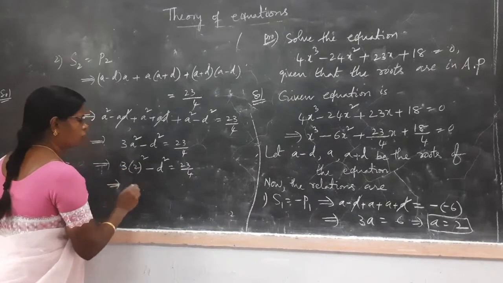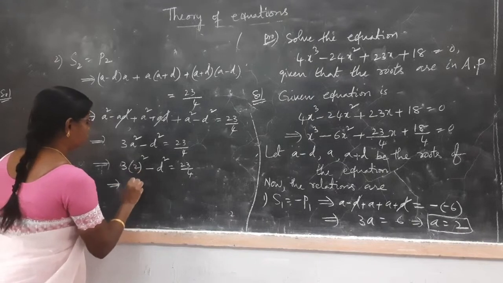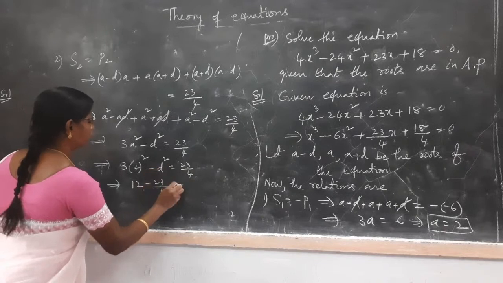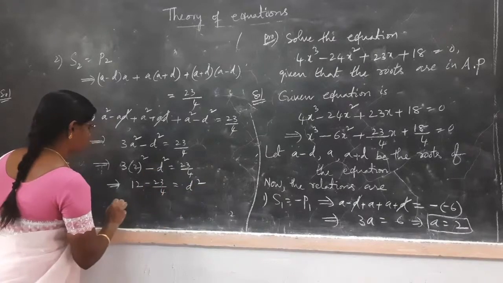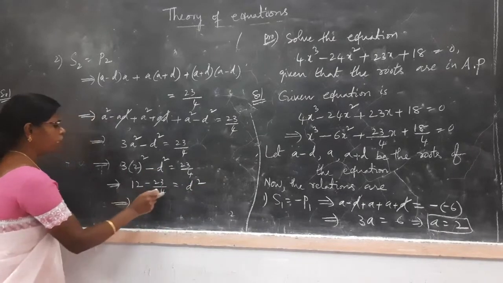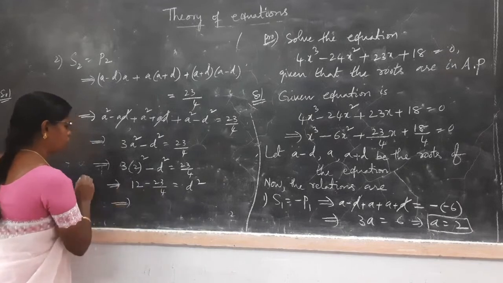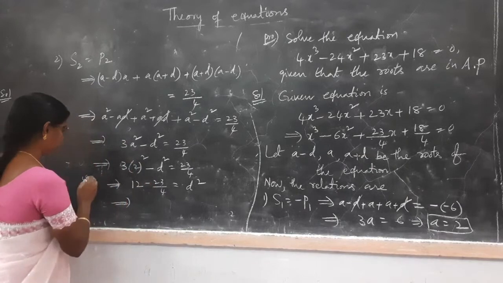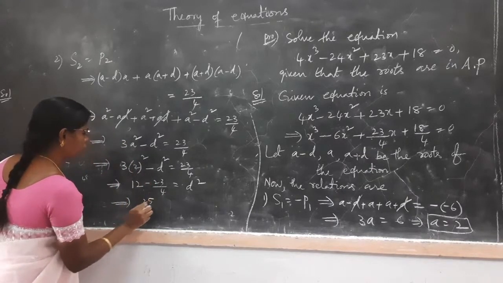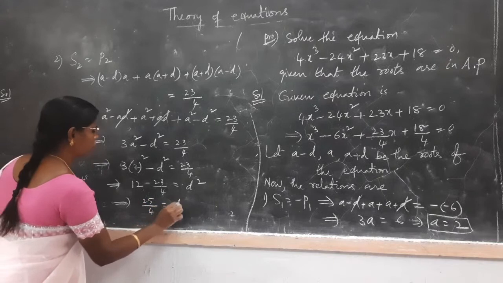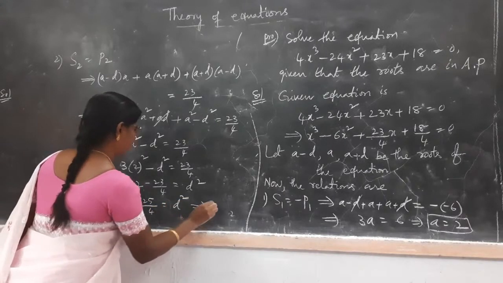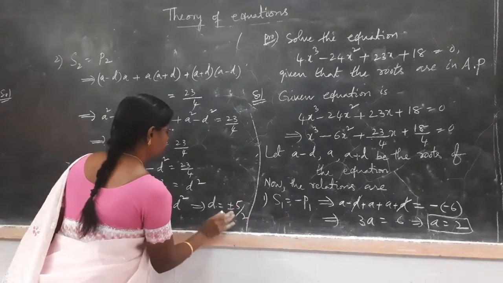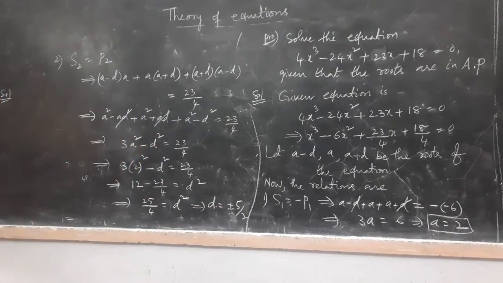This implies 12 minus 23 by 4 is d square, which is 48 minus 23, that is 25 by 4, equal to d square. This implies d is equal to plus or minus 5 by 2.